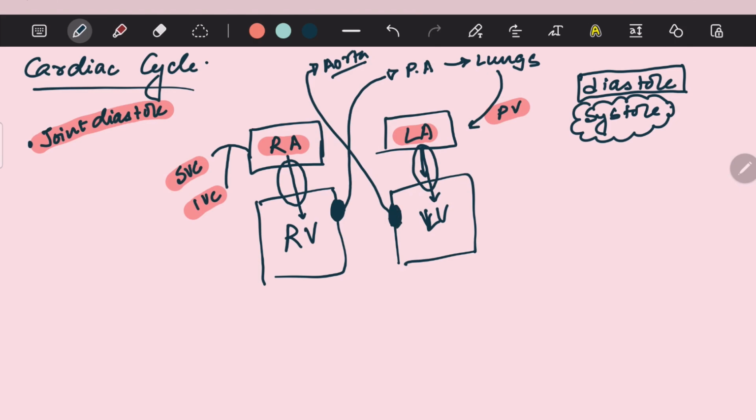Now what happens is the sinoatrial node present at the upper right corner of the right atrium generates an action potential, which stimulates both the atria to undergo a simultaneous contraction, which is given the name of atrial systole.